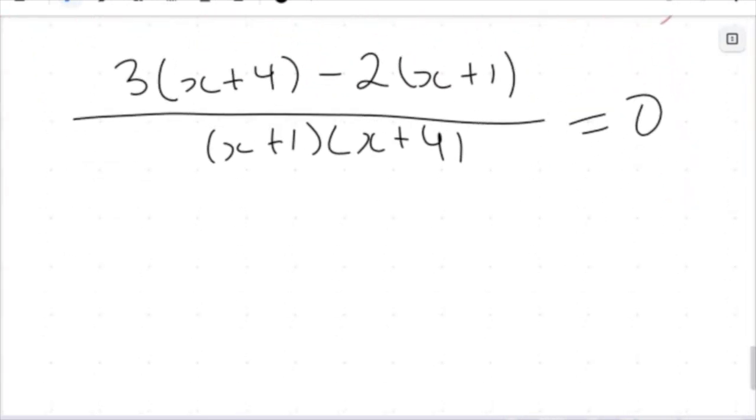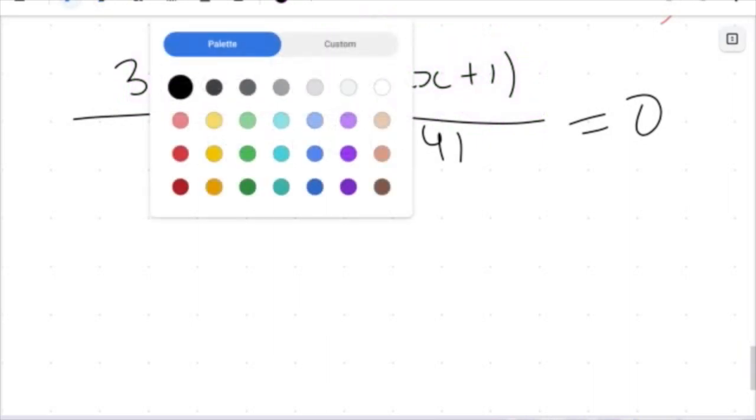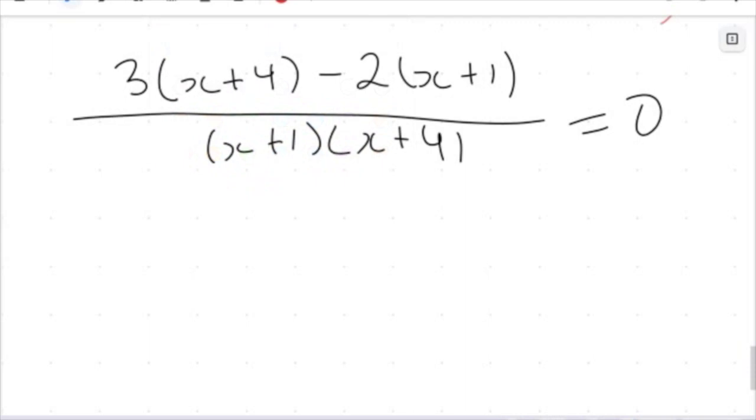Now the really useful thing about having this 0 on the right hand side is I can multiply through by this to the other side to find what this thing is equal to, just by doing these opposites, by doing what I've already been doing with solving the equations. So I'm going to multiply both sides because it's being divided by x plus 1 times x plus 4.